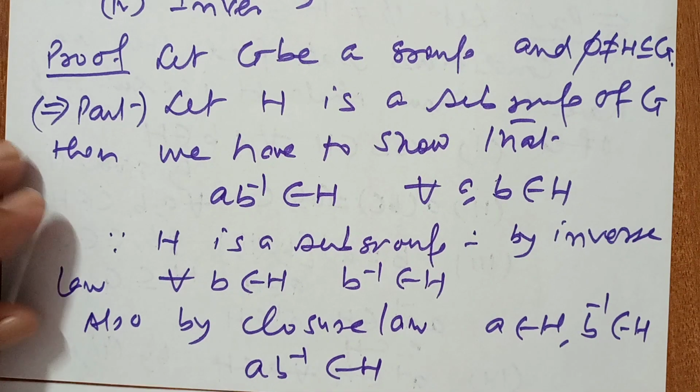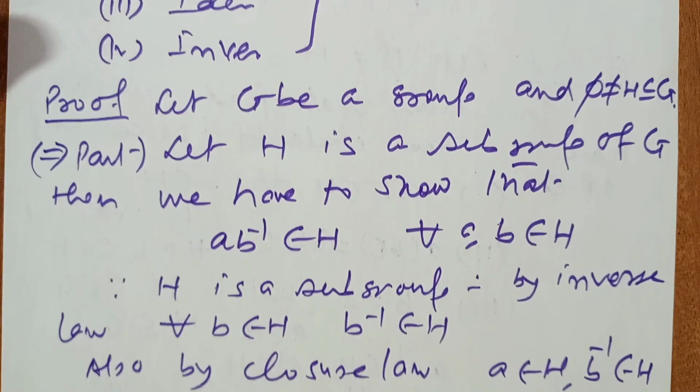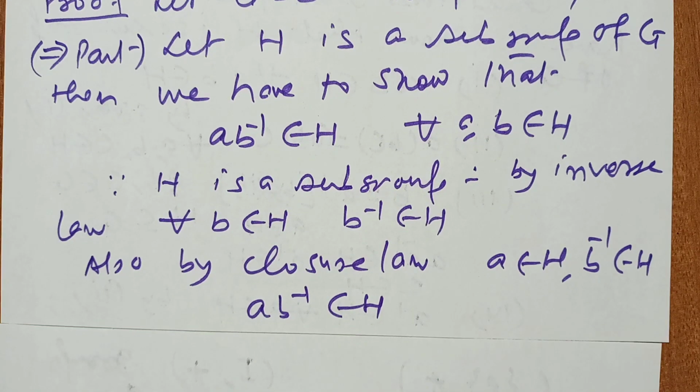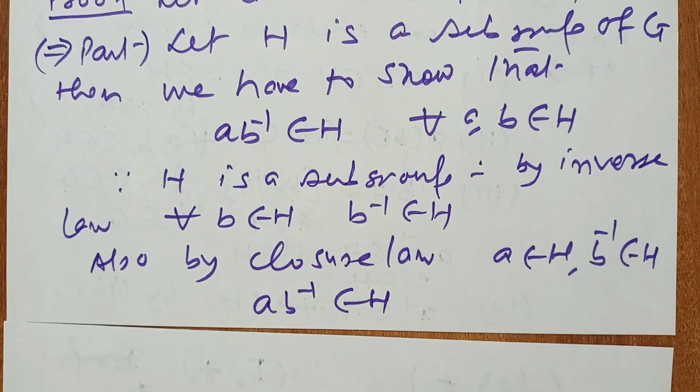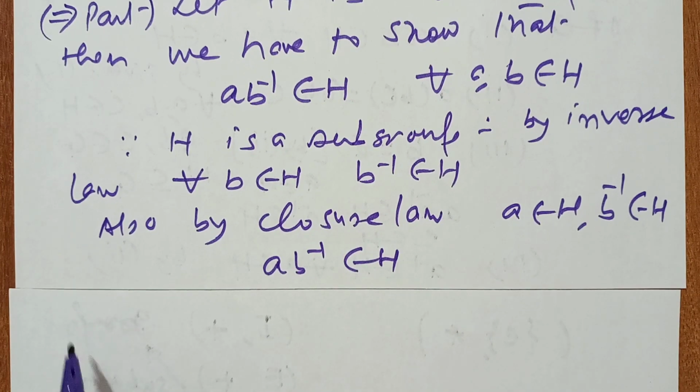This is the first condition: we have H as a subgroup, then we have to show AB inverse belongs to H. So the first case is satisfied. It means the first part is established. Okay, now the converse part.